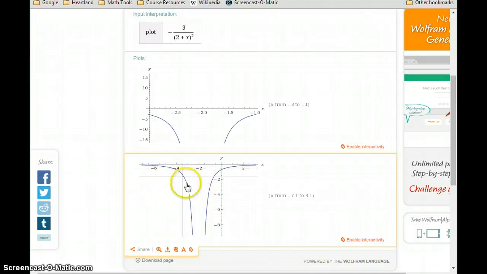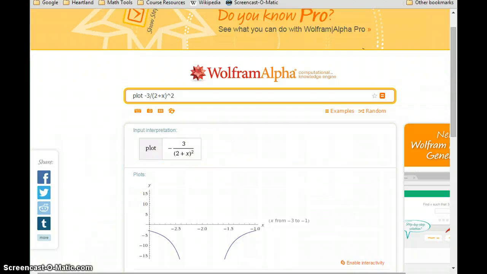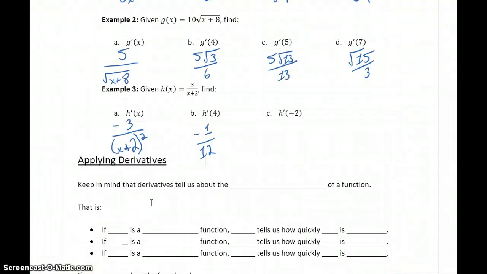So that information about the limit from the left and limit from the right approaching negative infinity was additional information about the behavior of the graph. But in short, for the question we're being asked here, evaluating h prime of negative 2 is an undefined result. We can't evaluate this function at negative 2 because we get that 0 in the denominator.